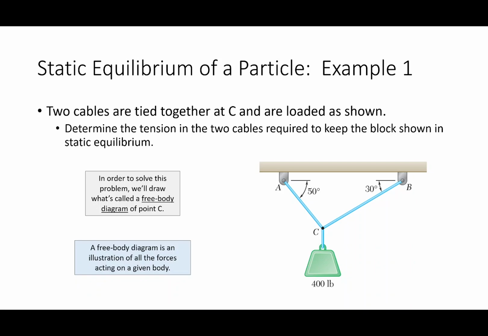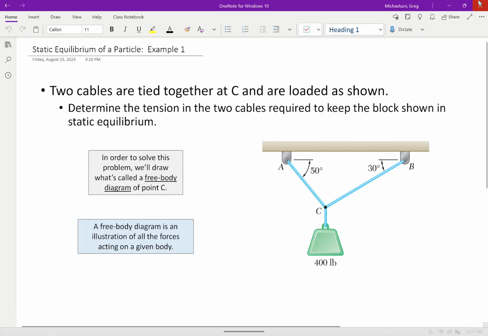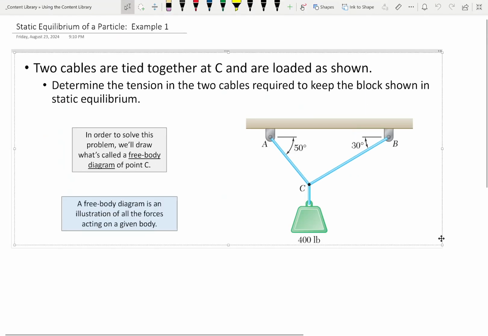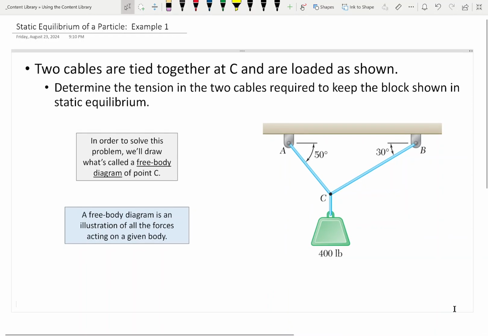Let's have some fun. Let's do this problem here. Let me pull this up in the notebook. Here's the problem we're going to look at. I have a weight here that's 400 pounds. It is being supported by these two cables that are hanging up at an angle.